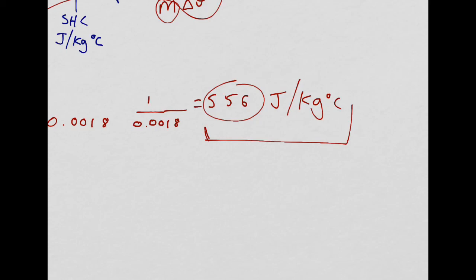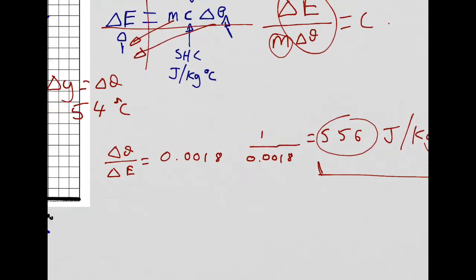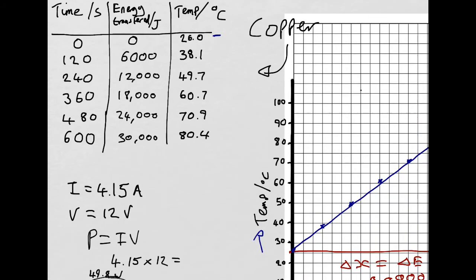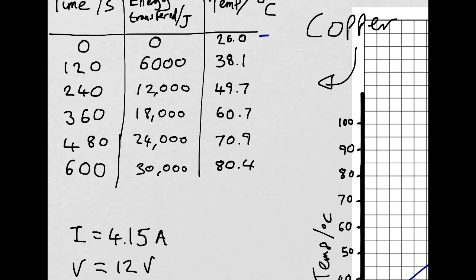We have made one crucial assumption in our calculation. We have assumed that every bit of this energy that we put into the block is going into heating up the block and nothing else. We've assumed that it's totally isolated and insulated from the table, from the air around it, and that the heater is transferring 100% of the energy that we put into it into heat energy. That's not a particularly accurate assumption to make.